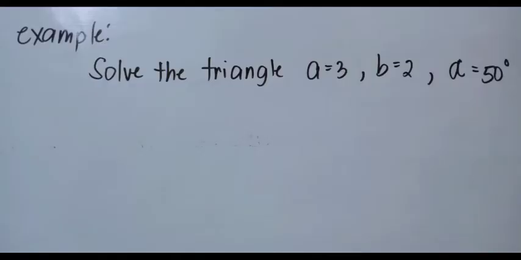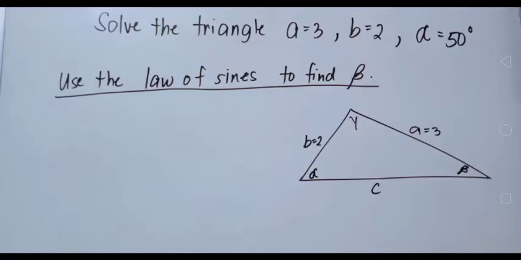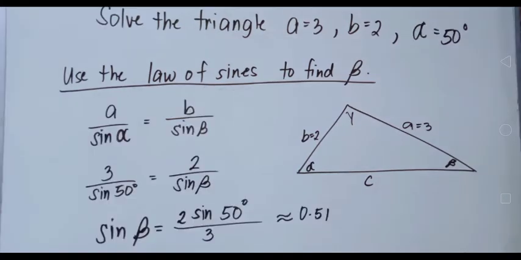So let us take an example. Solve the triangle: a is equal to 3, b is equal to 2, and alpha is equal to 50 degrees. In order to find the missing parts of the triangle, we will use the law of sines, first to find beta. We know that a over sine alpha is equal to b over sine beta.